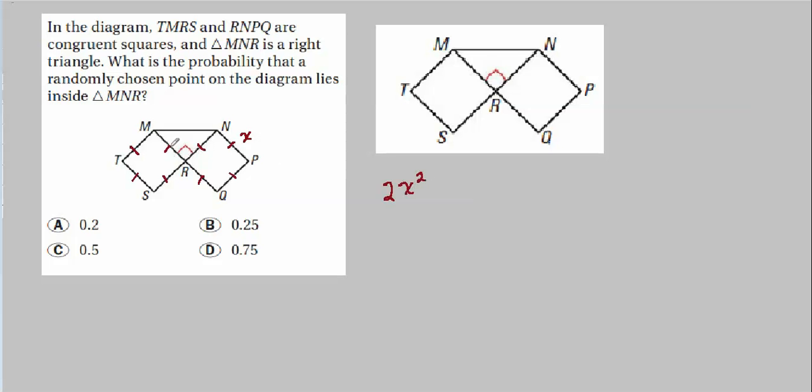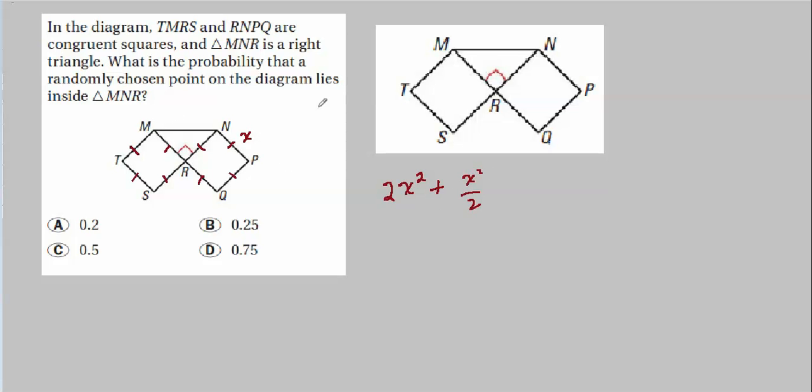Well, that's just half of one of these, isn't it? We know that because these two legs are exactly the same. Or we could use our triangle area, which is the leg times the altitude divided by 2, or x squared over 2.